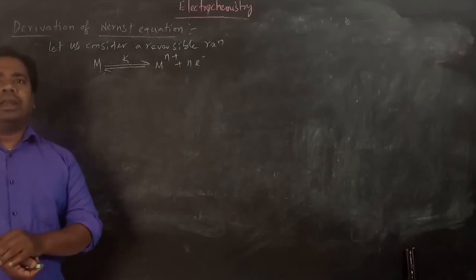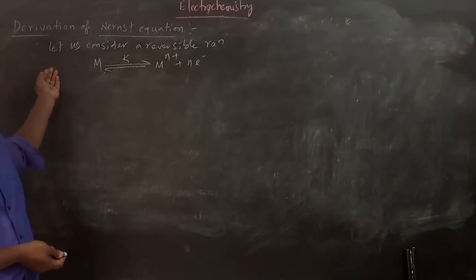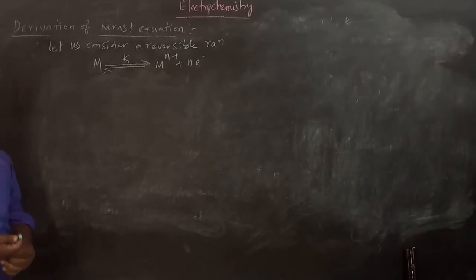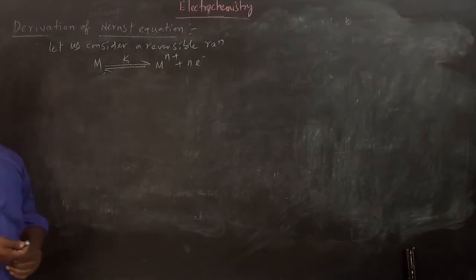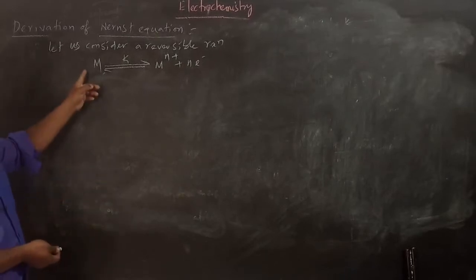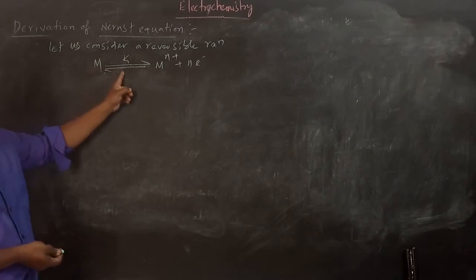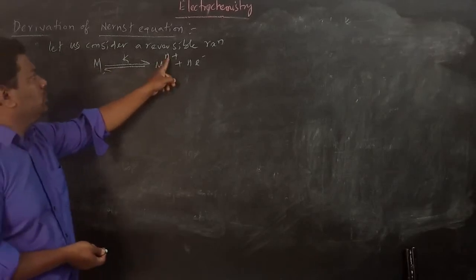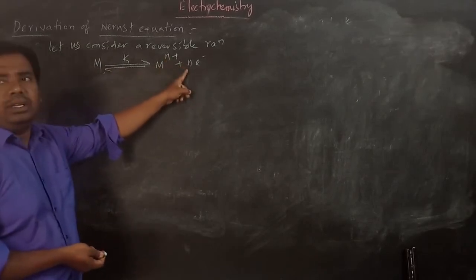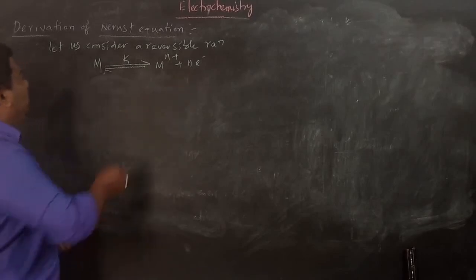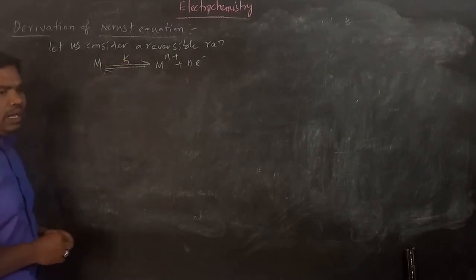Derivation of the Nernst equation. First, let us consider a reversible reaction, that is M in equilibrium with M^n+ plus n electrons. Here K is the equilibrium constant.